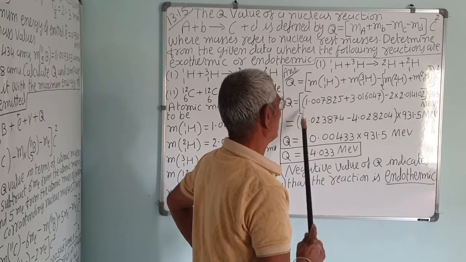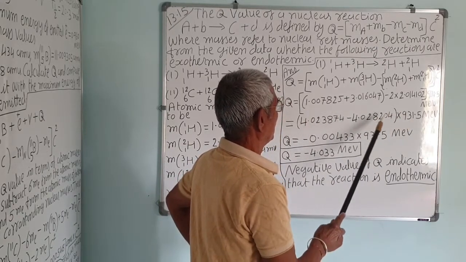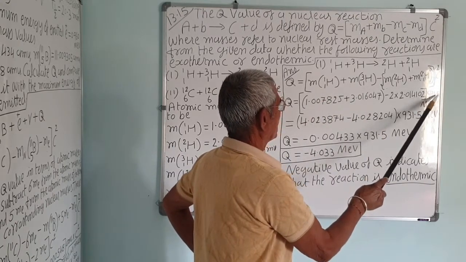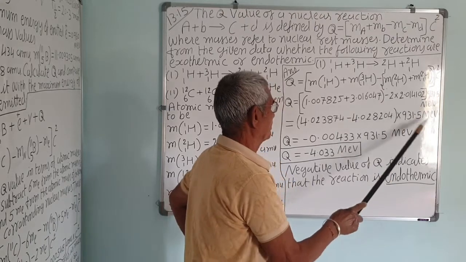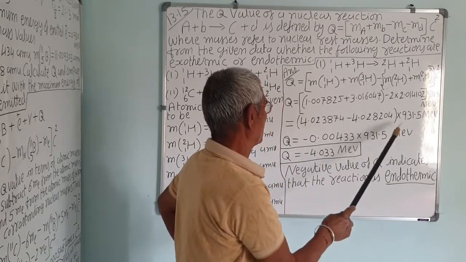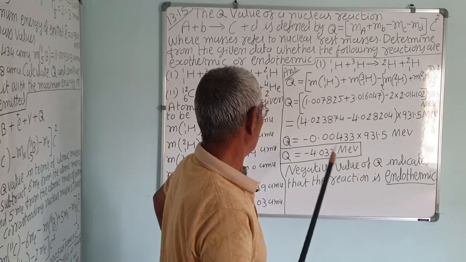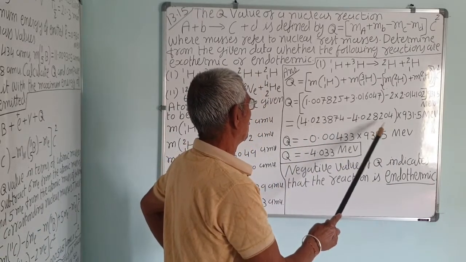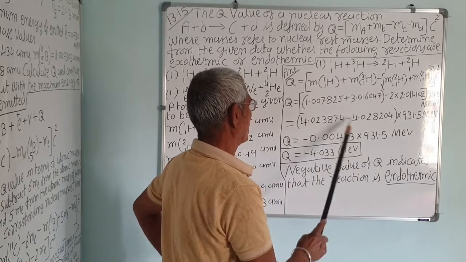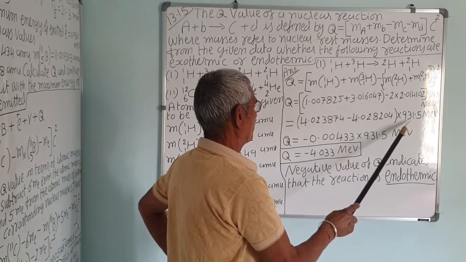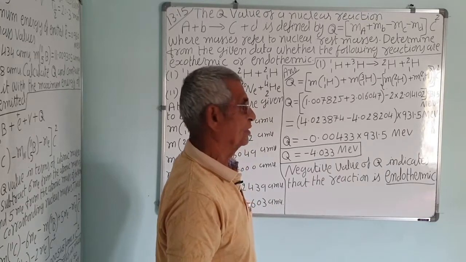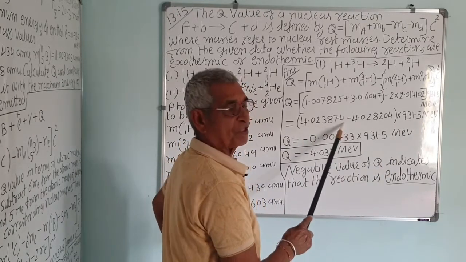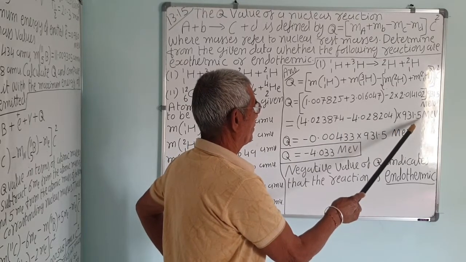This is in AMU, so multiply directly by 931.5, and that gives the energy in MeV. If mass is taken in atomic mass units and multiplied by 931.5, the energy comes in MeV, because 1 atomic mass unit is equal to 931.5 million electron volt.